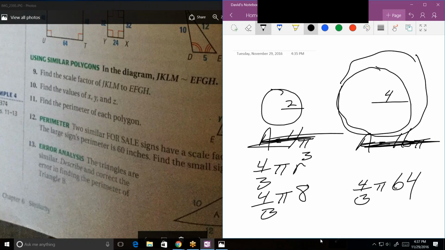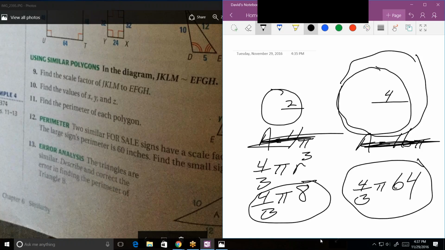So this one is 8 times the volume of this one. Even though the scale factor is 2 to 1, the volume factor is the scale factor cubed.